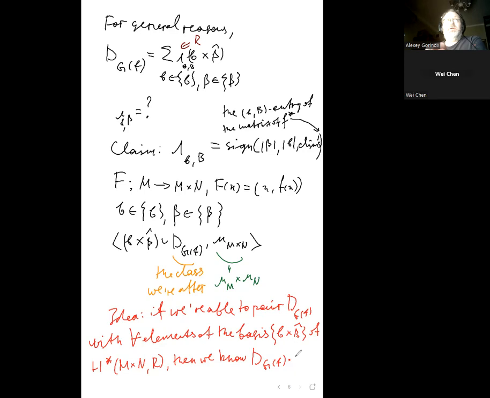And by the way, in the formula at the top of the page, we may need to switch the roofs, meaning we may need to take B roof and B roof instead of B, and beta instead of beta roof.